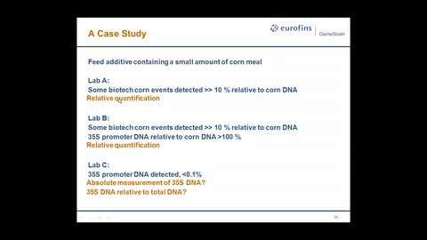The regulatory lab is using a relative quant. This service lab is also using relative quantification. But this other lab over here, they're just doing an absolute measurement of the amount of 35S in the tube. And because that seems quite low, it leads to a false sense of security.